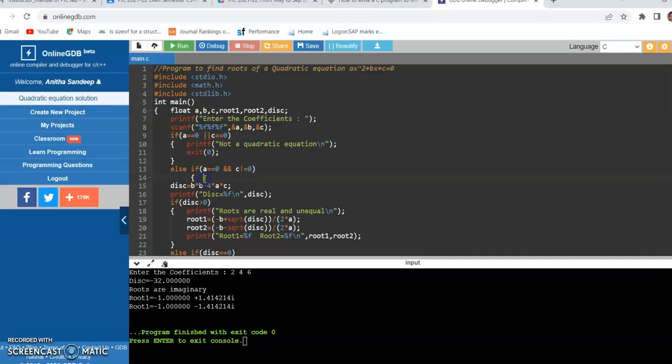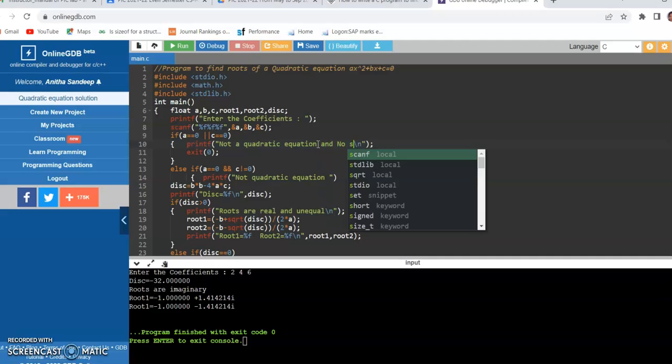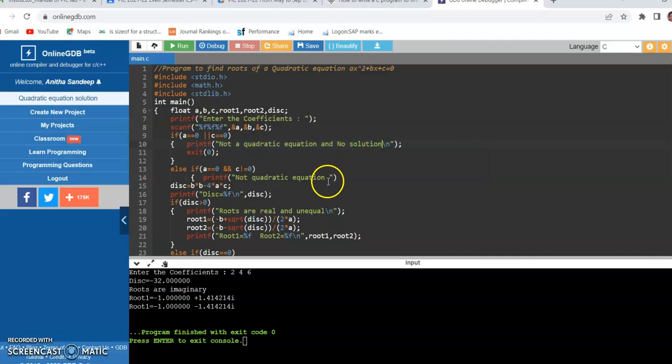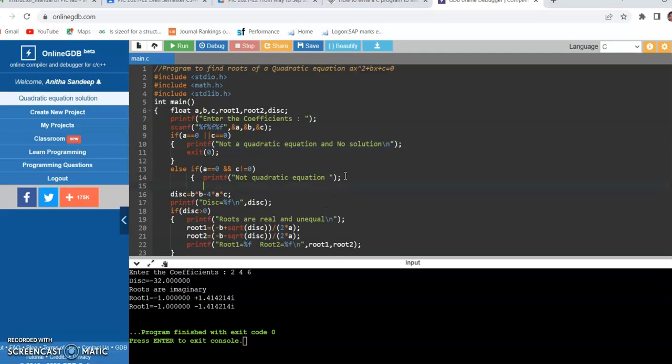Here c not equal to 0, but a is 0, then again printf. What is the difference here is, here not a quadratic equation, but you have a linear solution. Here in the first case, not a quadratic equation and no solution. You have a solution in the second case, whereas in the first case you will not have a solution.